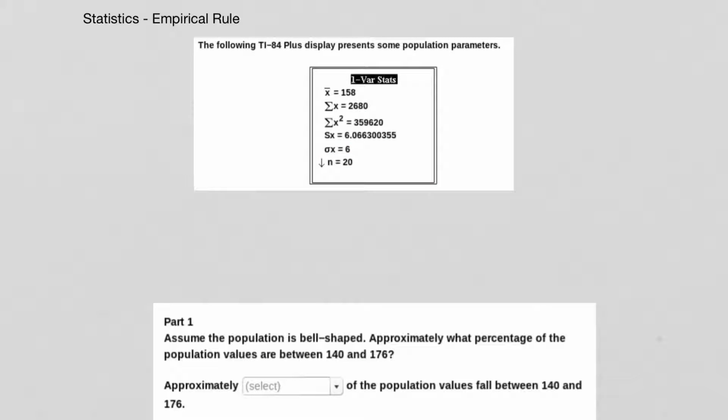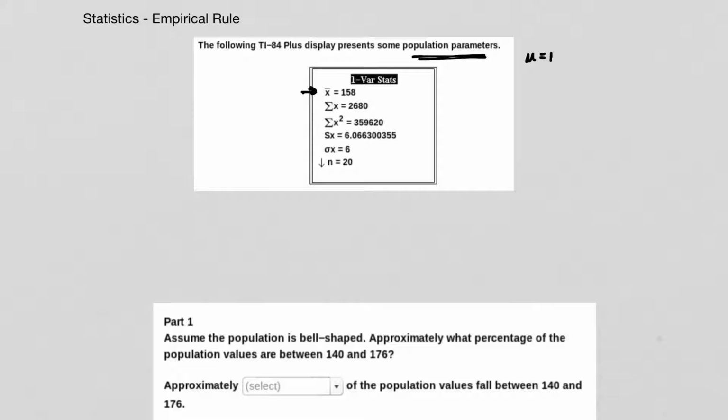Okay, so in this problem, we have some information about the distribution. We are given that x bar, it says here, but this is from the calculator. So since they're telling us in the problem this is a parameter, it's not really x bar, it's actually mu. So I'm going to put that down here.